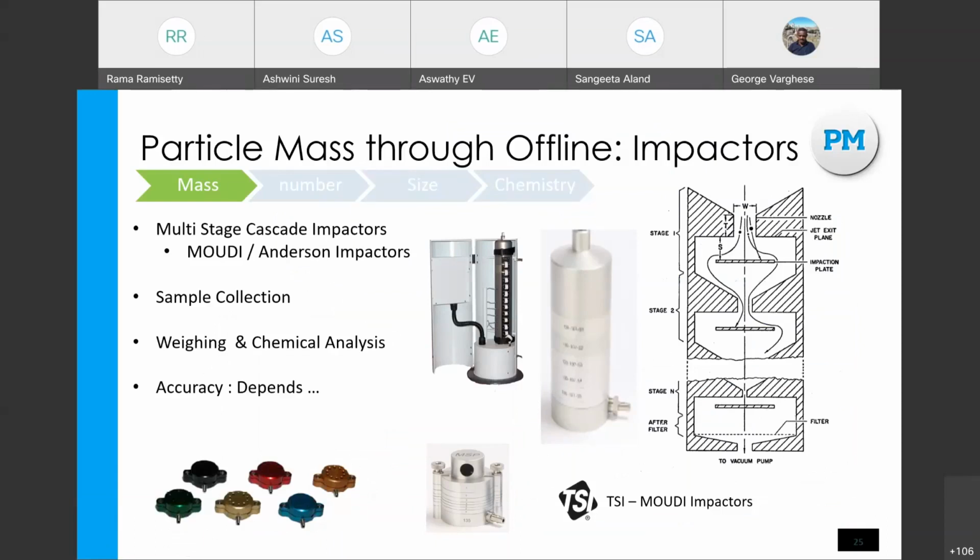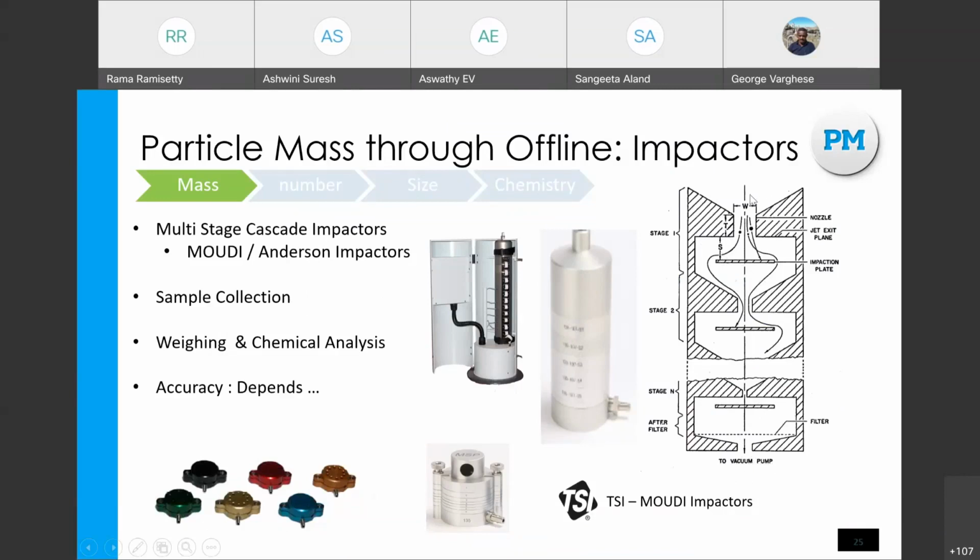We have some methods with which we can do offline measurements. The most important method is cascade impactors. In these cascade impactors, we use the impaction technique, which you might know about. We have a vacuum pump here, and different stages of the impactors.